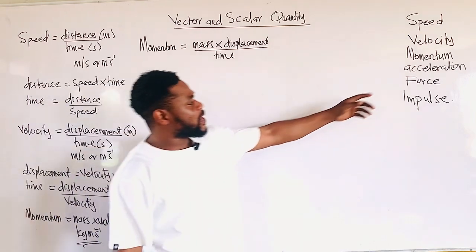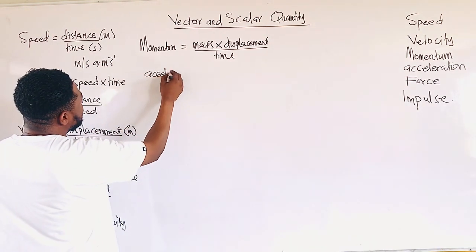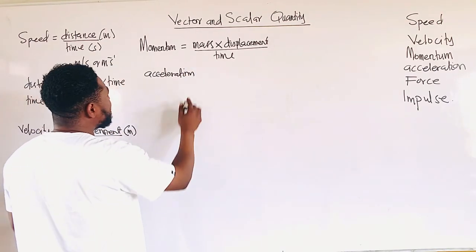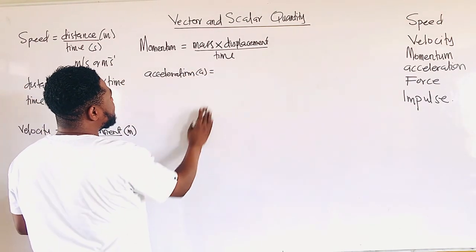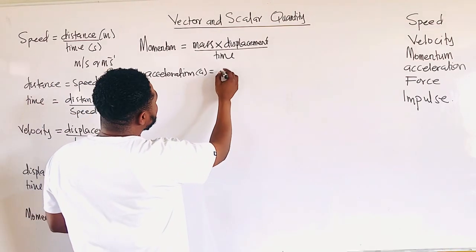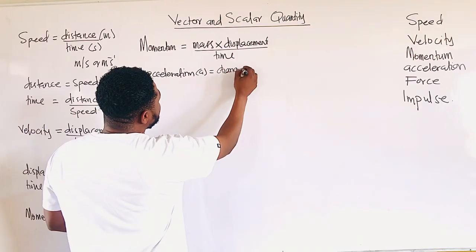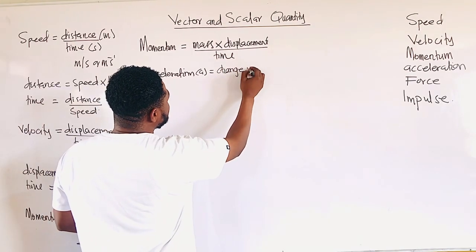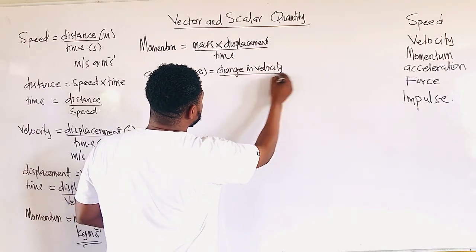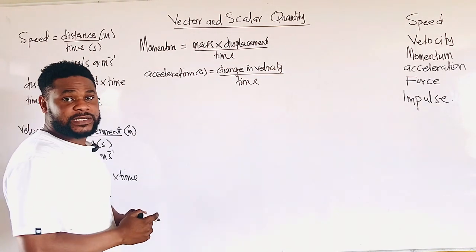Let us also look at acceleration. Acceleration is the rate of change of velocity. So mathematically again, we can say acceleration is equal to change in velocity over time, as we can see here.